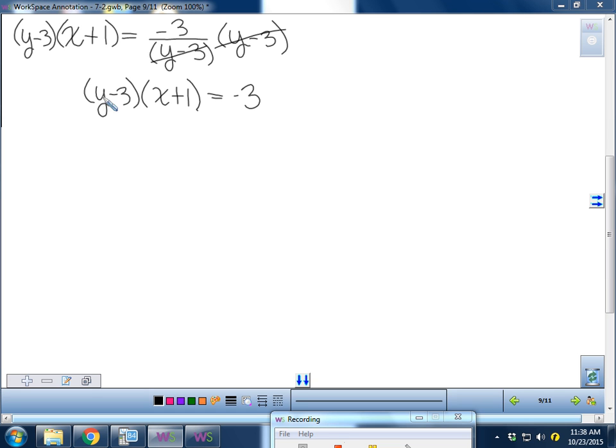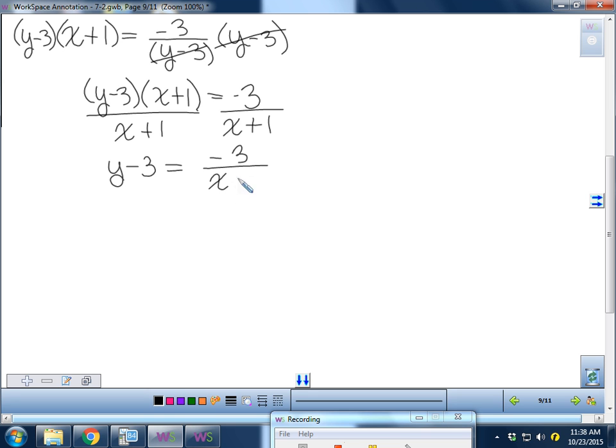Still solving for this y. So since this whole parenthesis is being multiplied by this one, I'm going to go ahead and divide by the x plus 1. That leaves me with y minus 3 equals negative 3 over x plus 1.